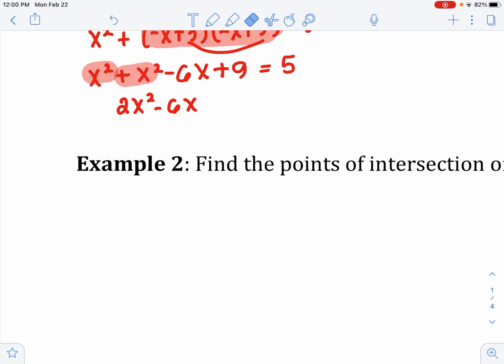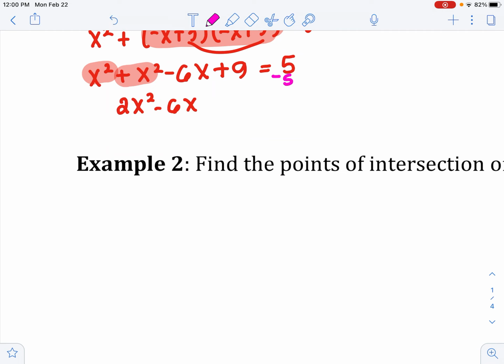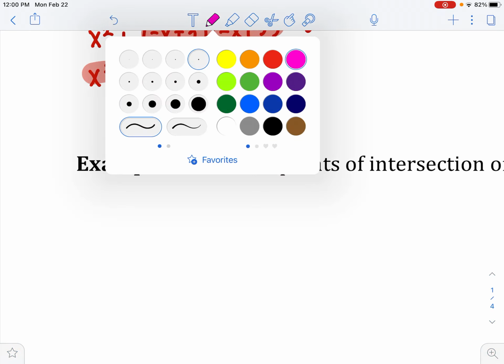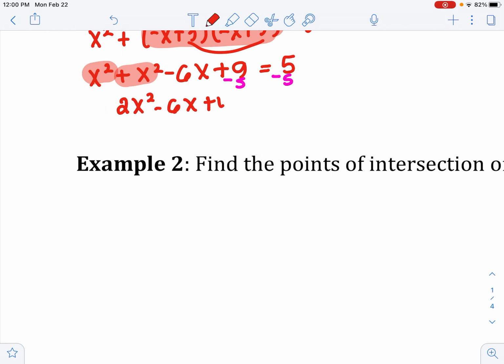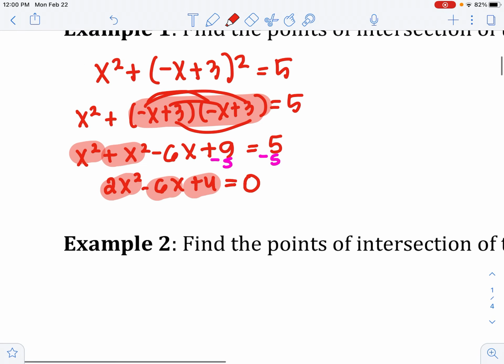My second option is by factoring, but I can only solve by factoring if it's equal to 0. So whenever I realize that it's a quadratic, I'm going to always say, okay, I need to get it equal to 0, so I'm going to minus 5, and then I'm going to have plus 4 equals 0. All right, now I'm going to try to factor it.